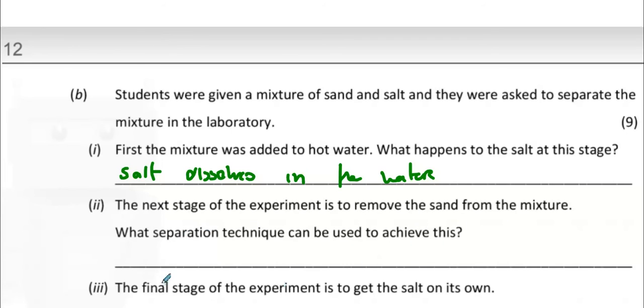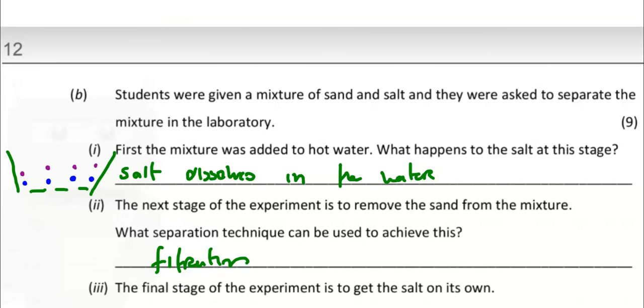The next stage is to remove the sand from the mixture. What separation technique can you use? You can use filtration. So essentially, if you imagine this as a filter paper, imagine these gaps like a gate. The water particles are blue, and for argument's sake, the salt particles are purple.